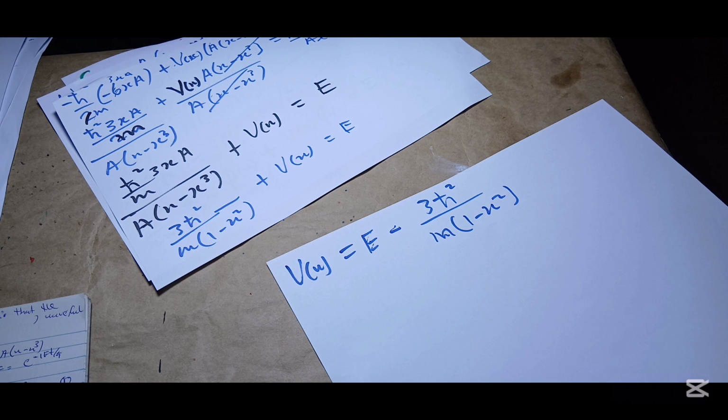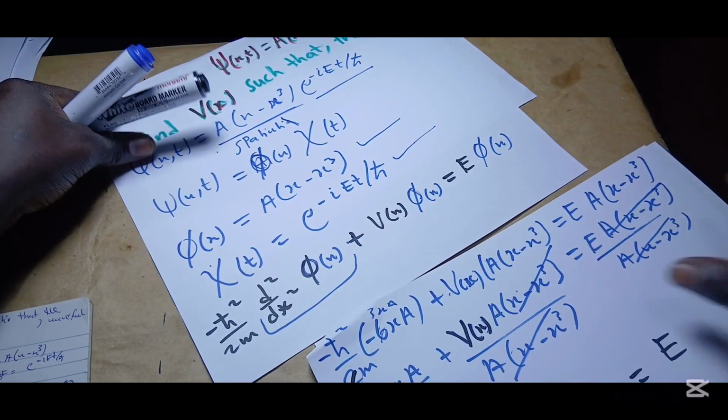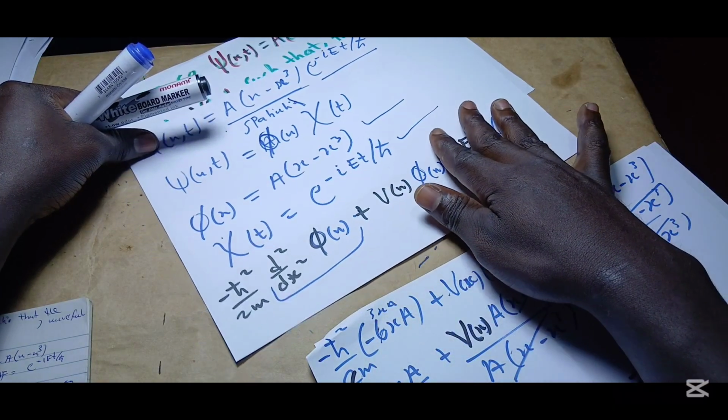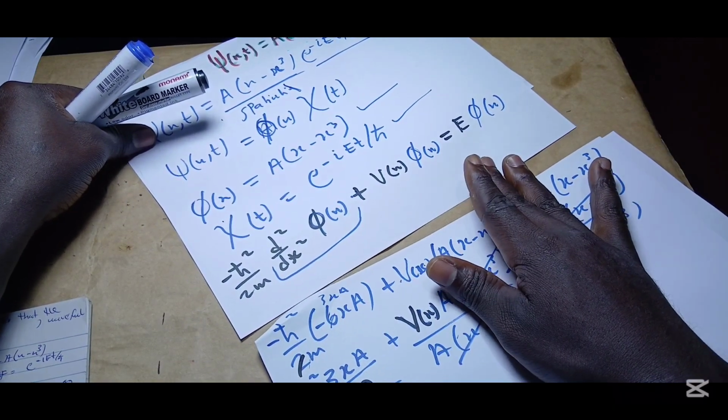So if you are given the wave function and you are to look at the behavior with the potential energy in terms of that wave function, this is how you can go about it. First of all, you break the wave function down into the spatial part and the time dependent part. Then after that, you write your general time independent Schrödinger equation.